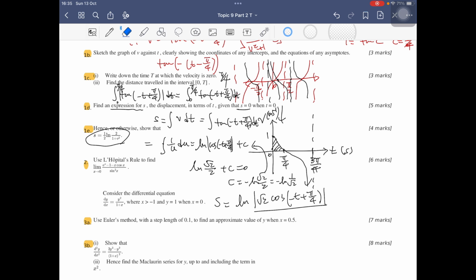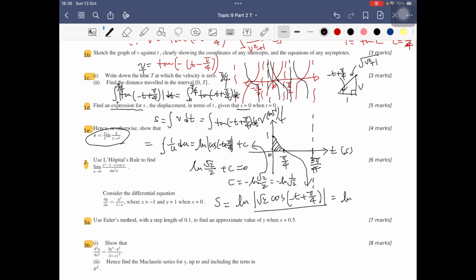At this moment, we have velocity tangent of negative t plus pi over 4. We don't know that angle, but let's say here, negative t plus pi over 4. The ratio of tangent is v over 1. So this side is the square root of v squared plus 1. Now we need cos.